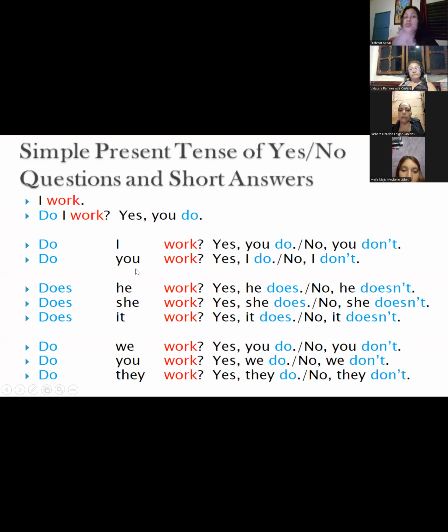And then, do you work? Yes, I do. So I recommend that you study these questions at home with more time, because tomorrow we are going to be talking about the WH questions, okay? So this is my recommendation, study this.